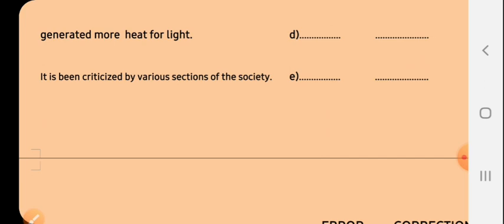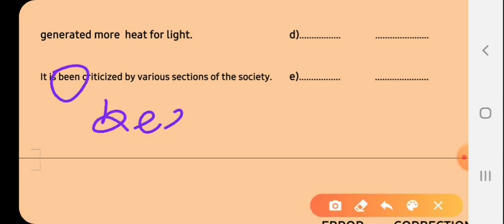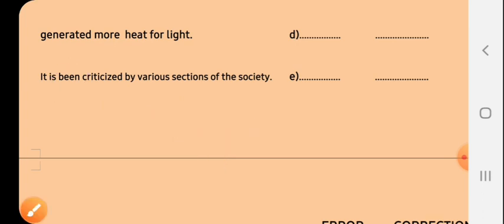Otherwise, what can the other word be used? It is being. In place of been, we'll use it is being. It is being criticized by various sections of the society. So what is wrong here? Been. Error is been and correction is being.